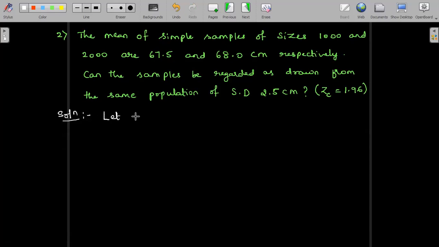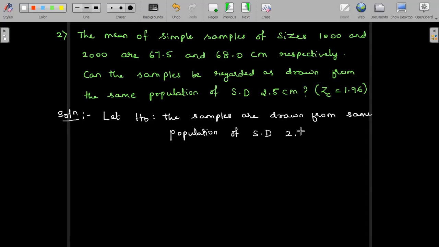Let H naught be the hypothesis that the samples are drawn from the same population of standard deviation 2.5 centimeter.